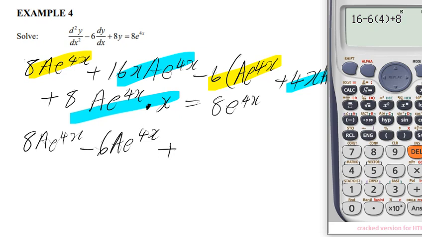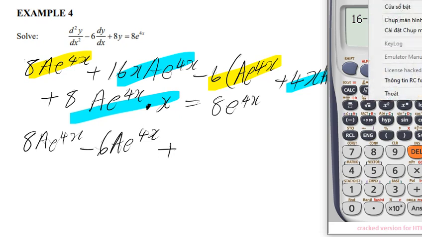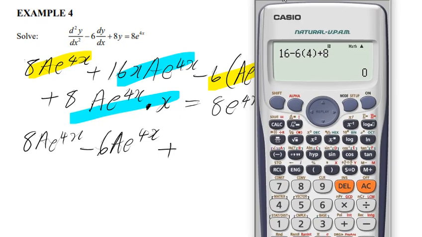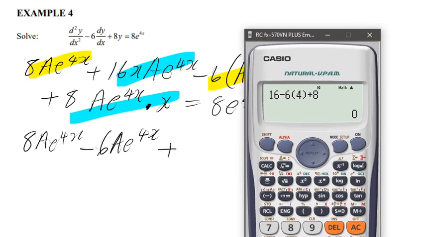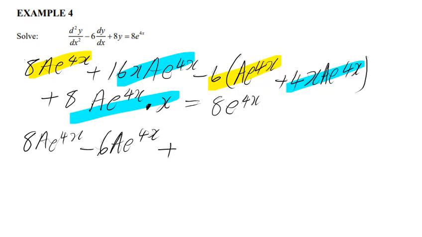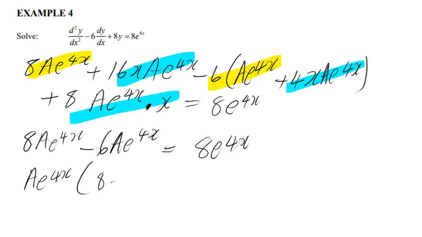This gives you 0. So you're not going to consider that part. Everything is going to disappear. Then you just equate it to 8e^4x. So ae^4x is the common factor. Then you just say 8 minus 6 equals 8e^4x.